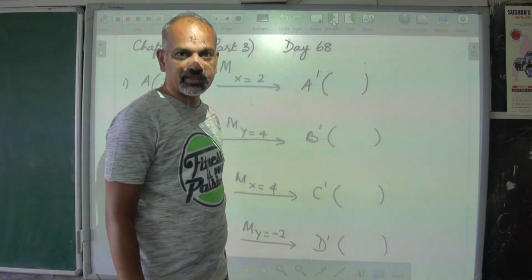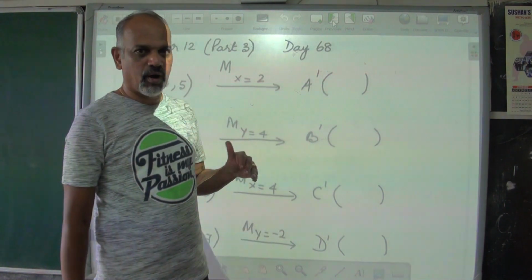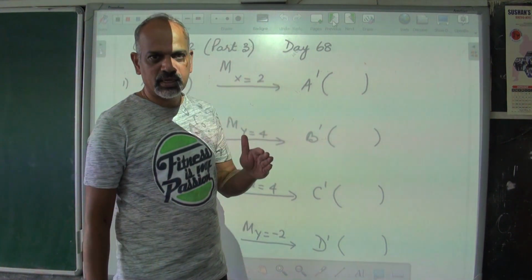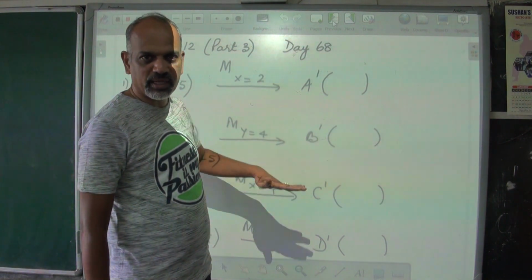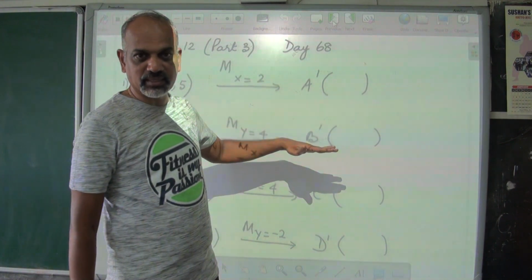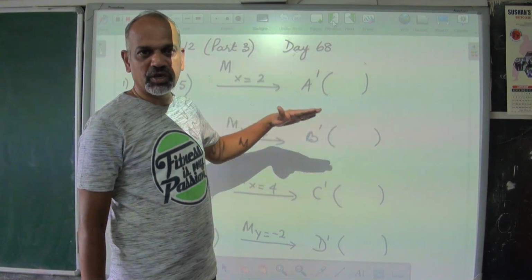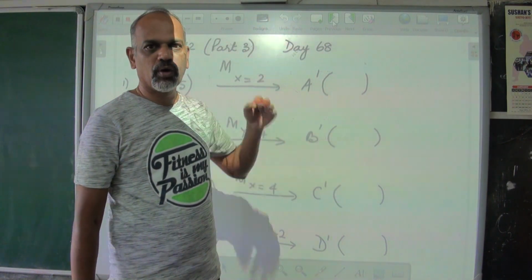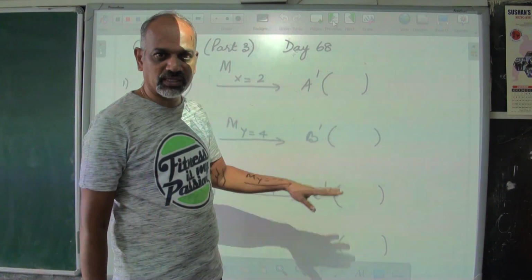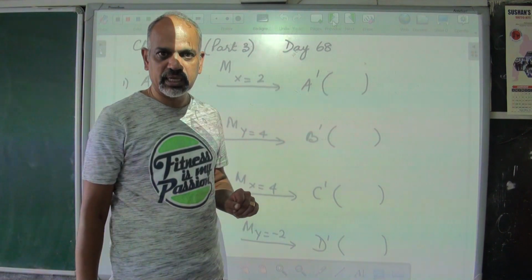Now you're going to see reflection of these points on different lines. Those different lines are either parallel to the x-axis or parallel to the y-axis. If they are parallel to the x-axis, then their equations will be y is equal to 1, y is equal to 2, y is equal to 3, or y is equal to minus 1, minus 2, minus 3, and so on.